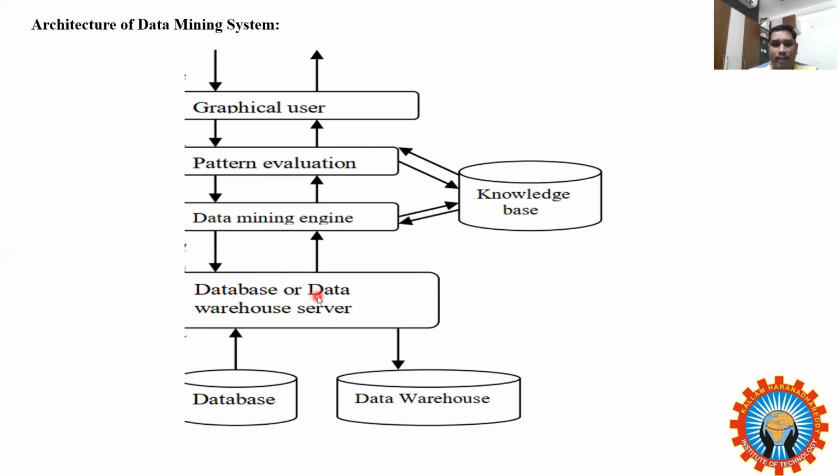You took some particular task, and that task goes to the data mining engine, where you have functionalities. Using these functionalities with the help of patterns, you will get knowledge.